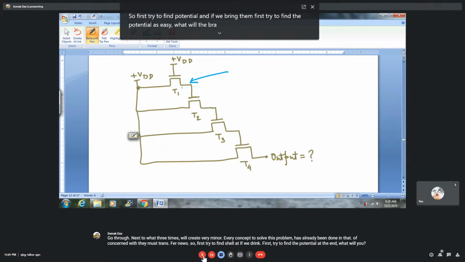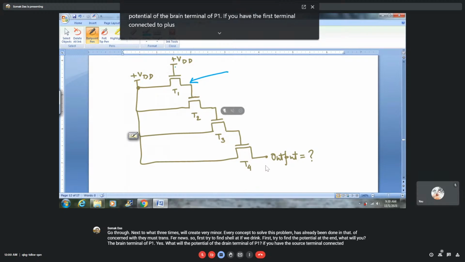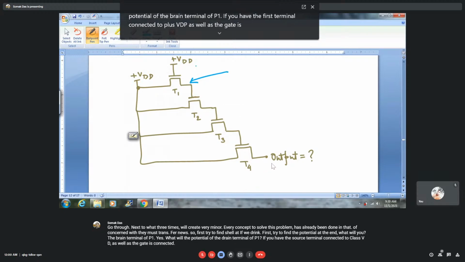What will be the potential of the drain terminal of T1? If you have the source terminal connected to plus VDD as well as the gate connected to plus VDD, what will be the potential at the drain terminal of T1? We have learned this in the previous problem.